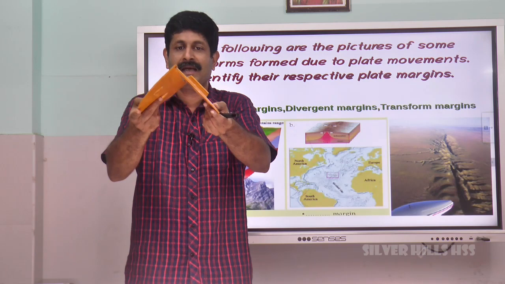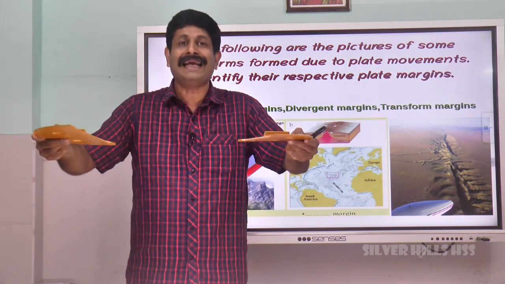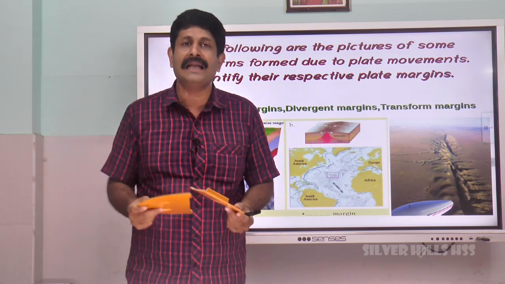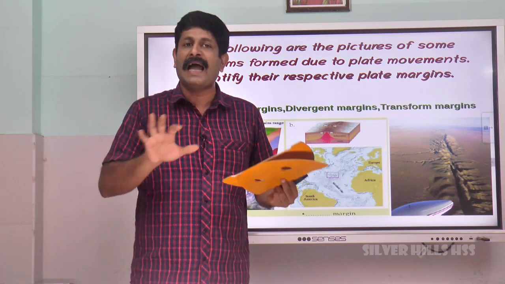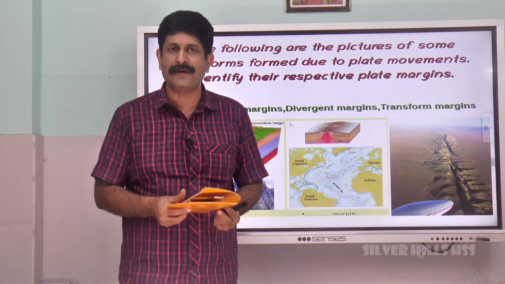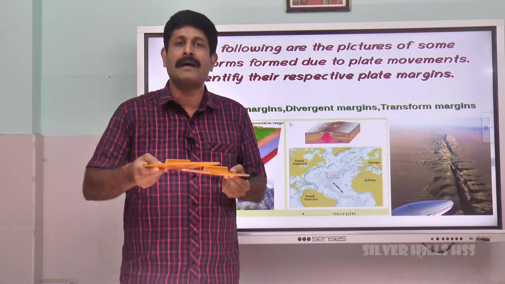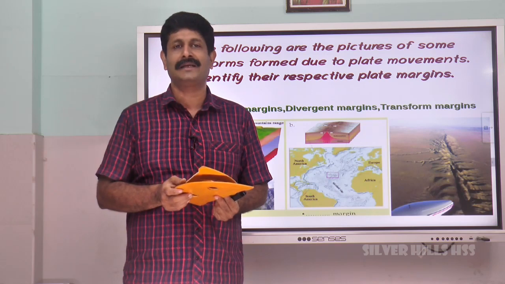When we talk about divergent, the Mid-Atlantic Ridge is an excellent example. The Ring of Fire in the Pacific Ocean is an excellent example of a shear or transform margin.